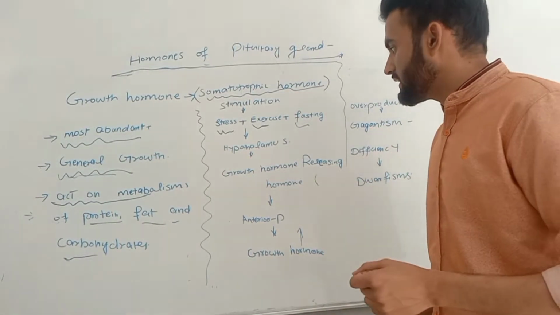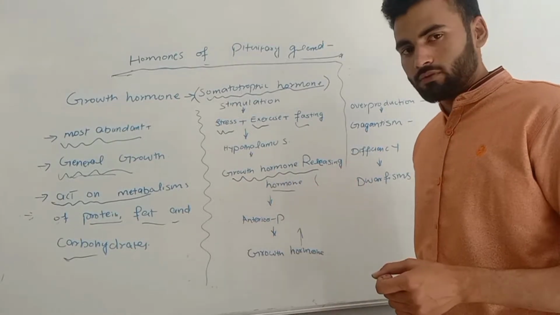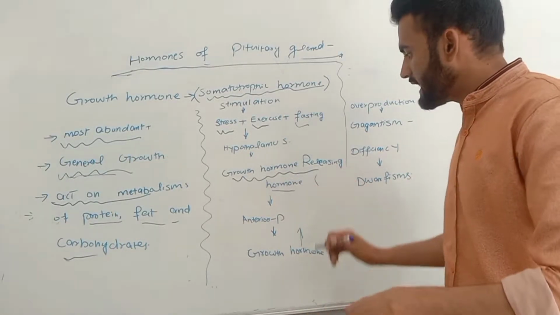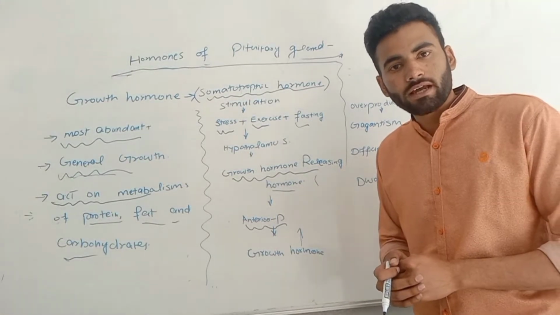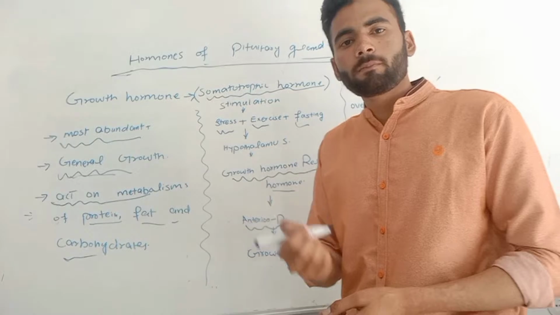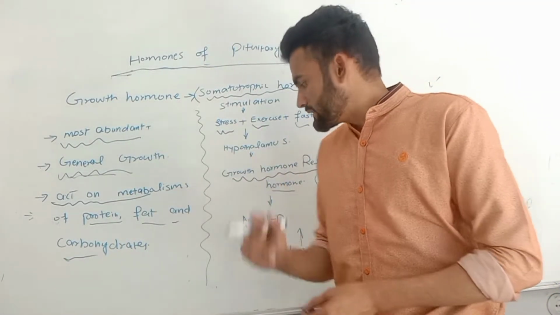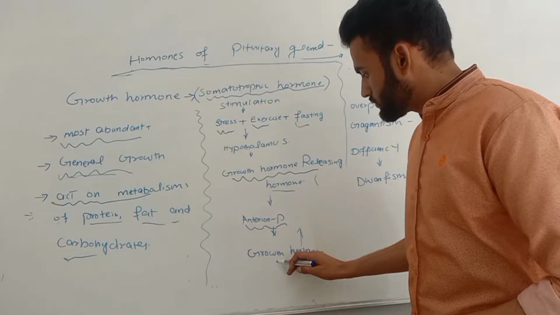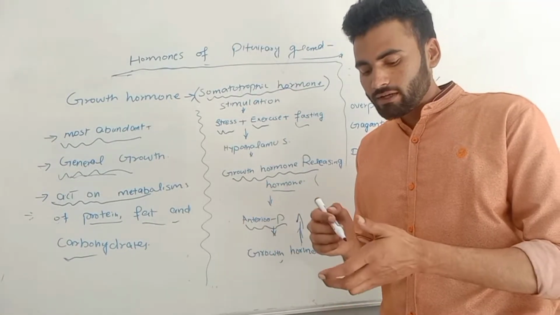Then your hypothalamus will release the growth hormone releasing hormone. It will stimulate your anterior lobe of the pituitary gland, and whenever the anterior lobe is activated or stimulated, it starts to produce the growth hormone. Then the growth hormone production is increased automatically.